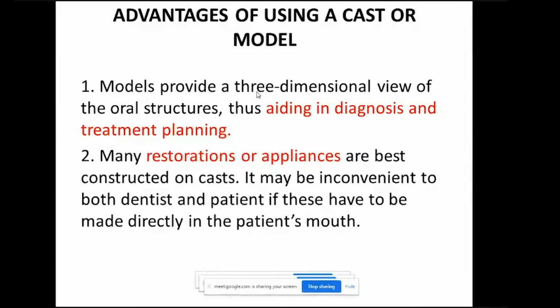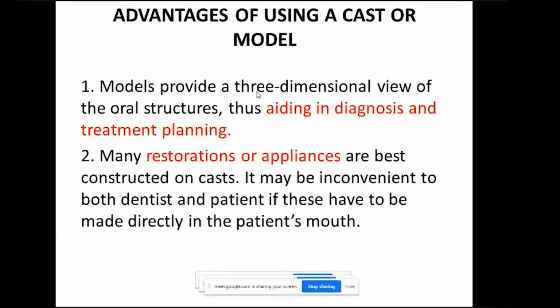Many restoration or appliances are best constructed on cast. يعني during fabrication of any appliance, suppose that in orthodontic treatment, when your patient it has a habit breaker, it's thumb sucking, يمتص الأصابع. في هيجي حال يريد a special types of appliance we call habit breaker.